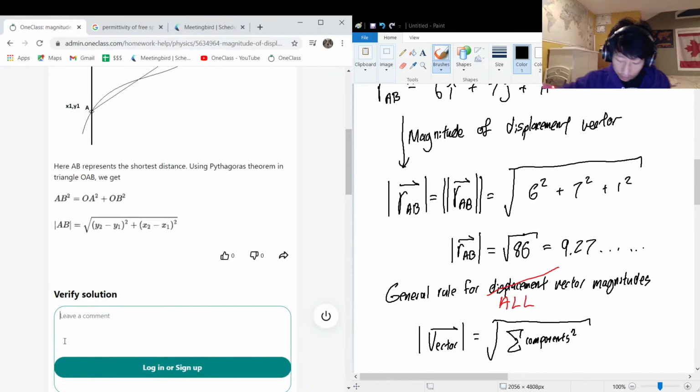So the above solution is good, however, it could be improved by using a general magnitude equation that can work in higher dimensions, 3D situations.